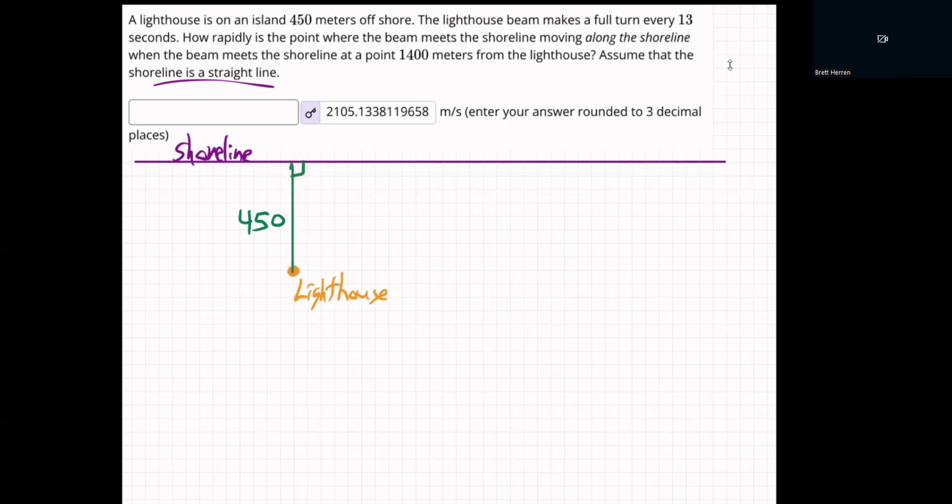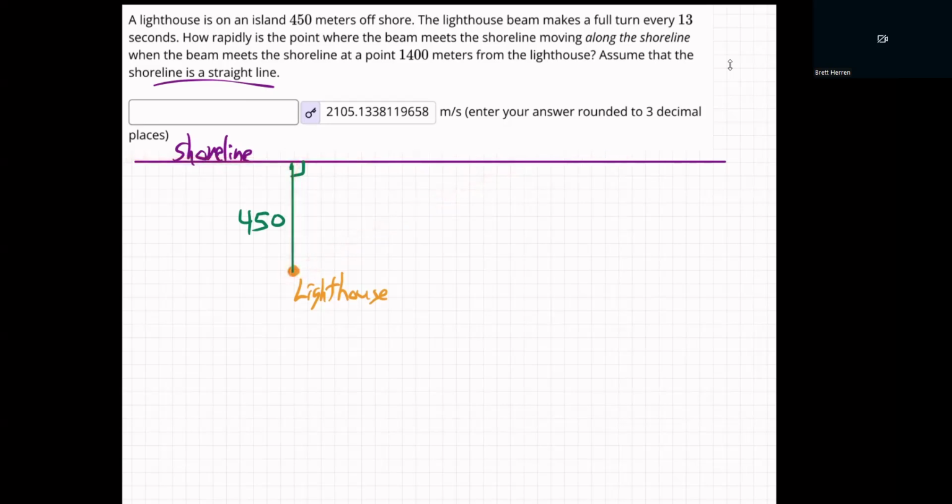Well, that's what it means to be 450 meters away from something. Like if I said, here's the shoreline and the lighthouse is out here on an island, 450 meters off the shore, that means if you go from the lighthouse to the shoreline, you don't go at some angle, right? It means straight at it.